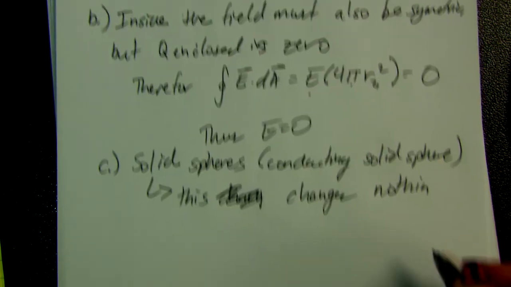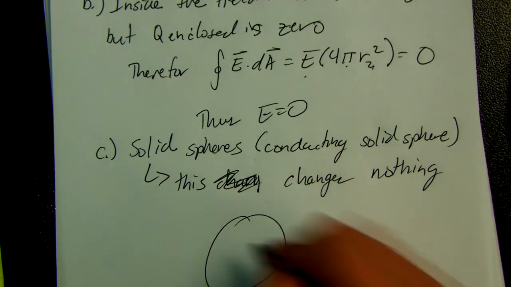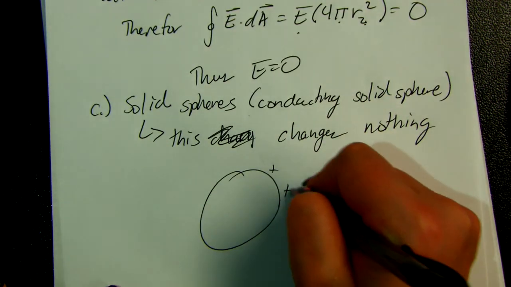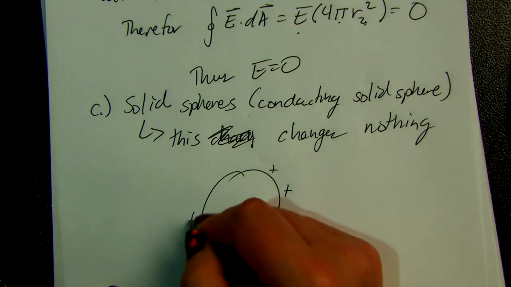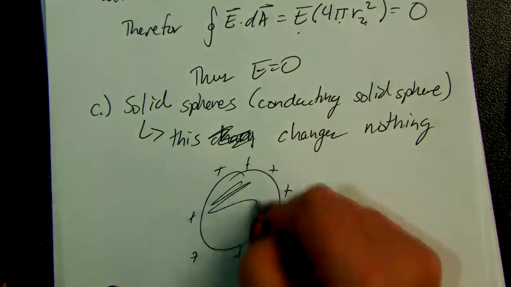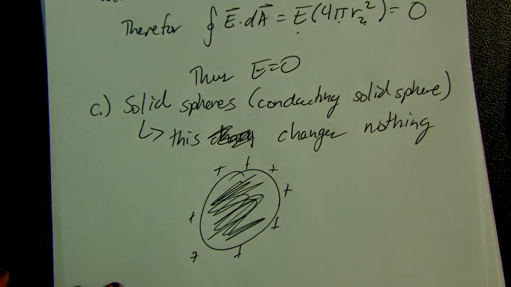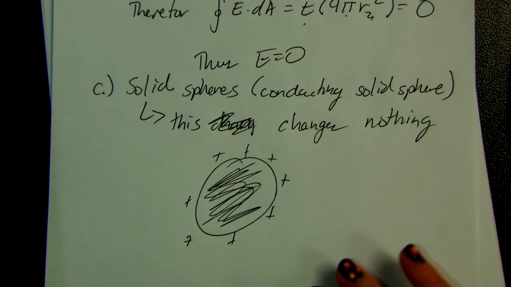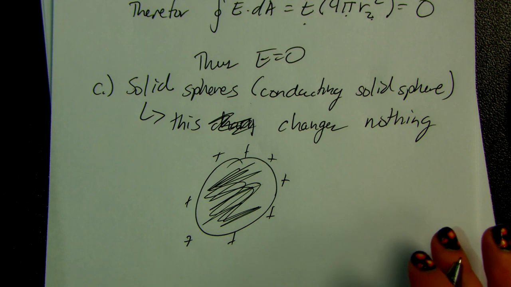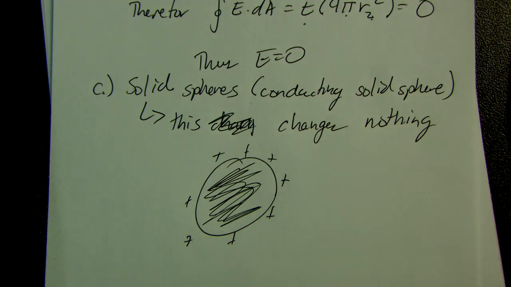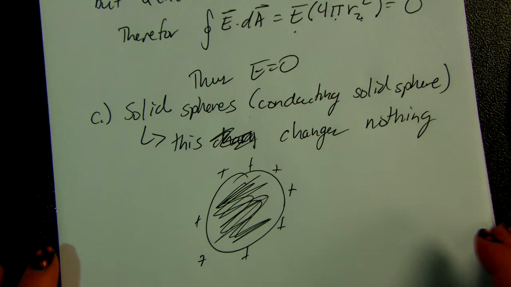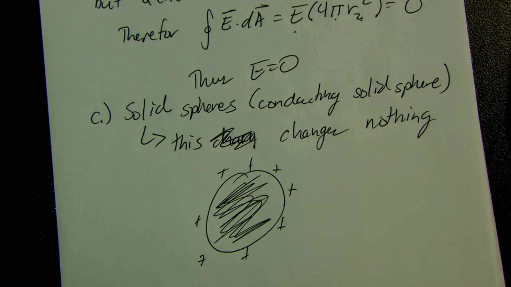So we have previously shown that with a solid sphere, all of the charge is still going to go to the surface when you're dealing with a conductor. Those electrons are free to move and they're going to go to the surface. So it is still going to be true that it's going to be 0 on the inside, and it's going to look like a point particle on the outside.